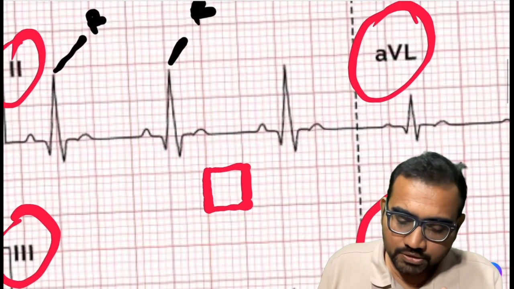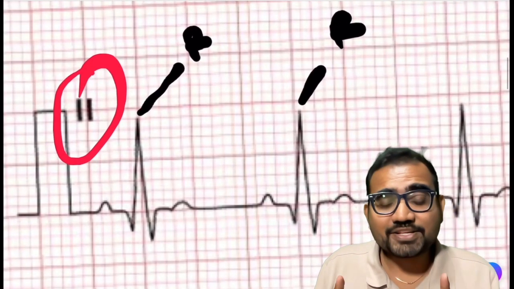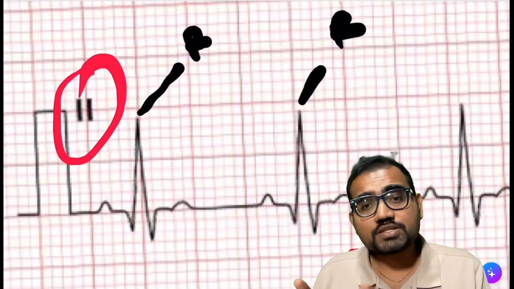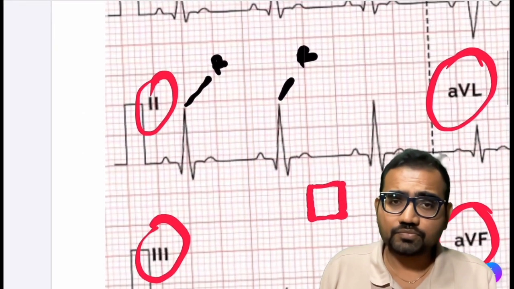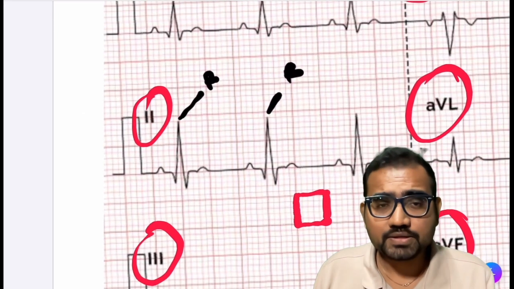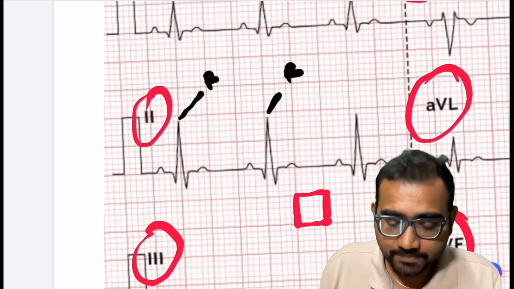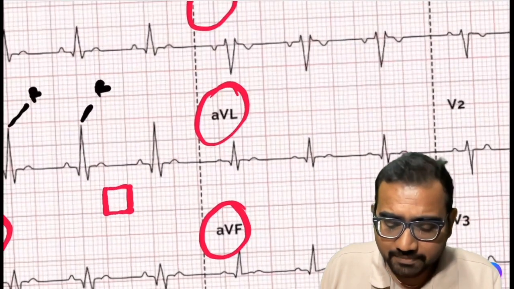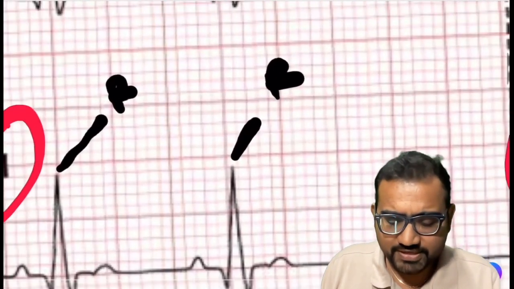Now as I told you, one R to another R is one heartbeat. In this case, I see 3 big boxes. How to calculate a heartbeat in these situations is very simple.